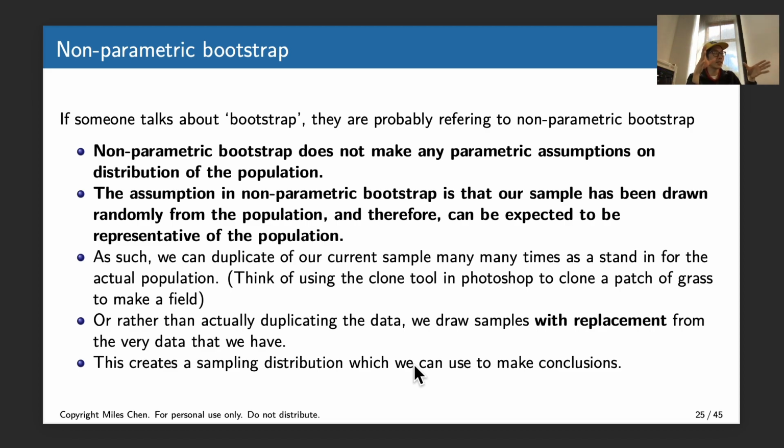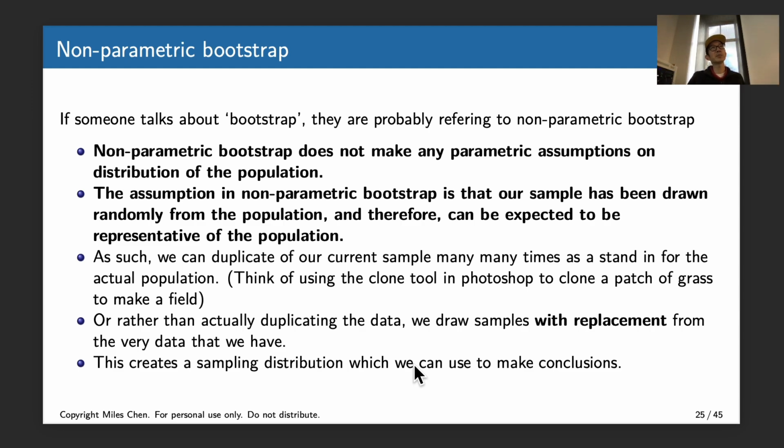But the idea here is that if you have something that looks kind of representative of the population, if you said, hey, I need to have this huge population, what you can do is just take your sample, duplicate it a whole bunch of times, and now you have this big entity that looks kind of like the population, okay?